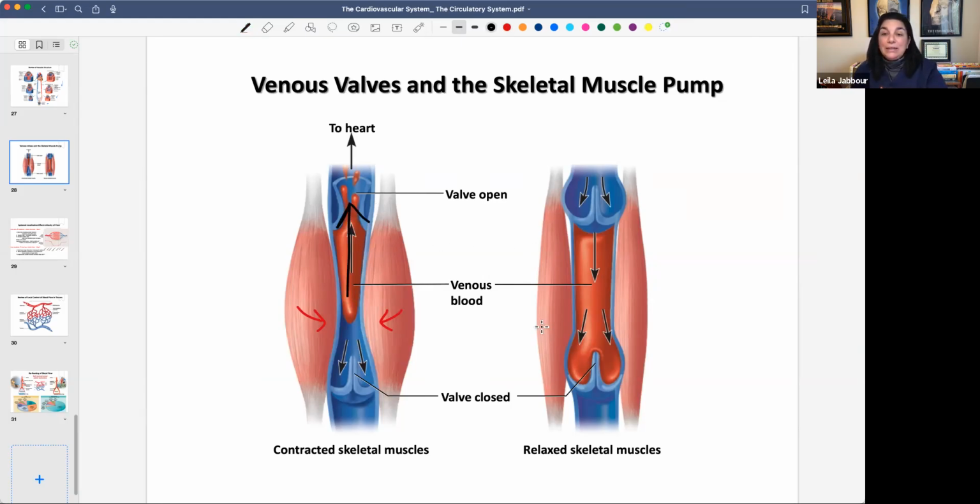But when these skeletal muscles relax, you're decreasing that pressure on this vessel. So the blood kind of goes backwards. It falls into these cup-like shapes of these valves, and actually this helps close the valves back together. Like here, like this, and the valves close back together. It's pretty cool.